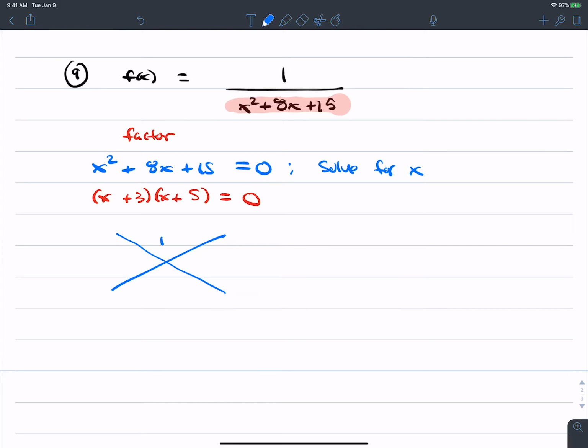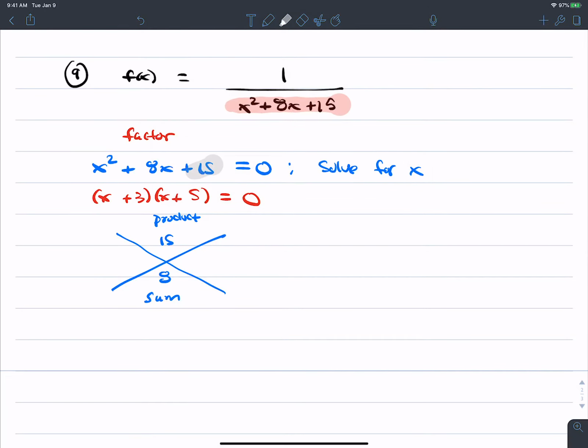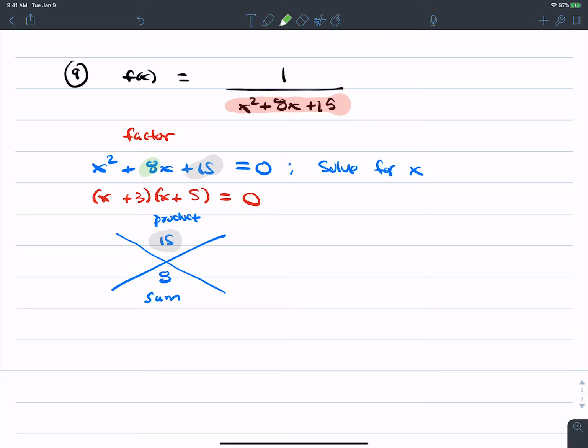Some people really prefer this high school method where the product has to be 15 and the sum has to be 8. So we first have to find this number is the product, which is what we put here. And the b value is your sum.